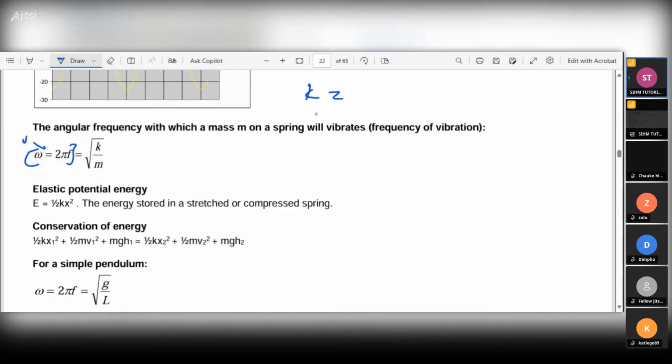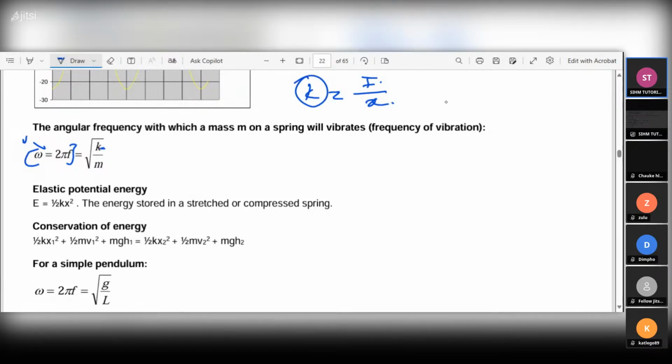Remember, lately I said that K is equal to the force divided by x. This x was the displacement of the spring, and this was the force, the restoring force. Here you have been given the K. So this K is this K here.